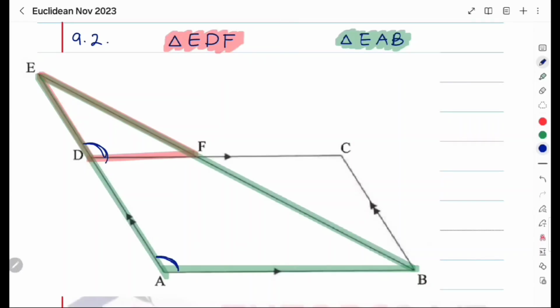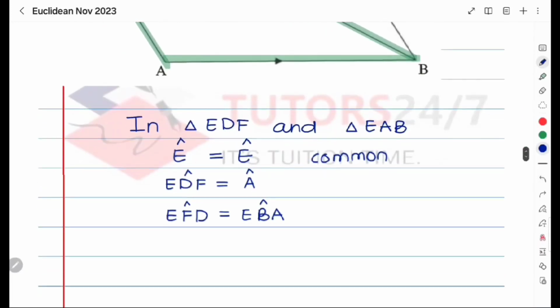And angle A is this one over here. So why is EDF equal to A? You should notice the F shape. It is an upside down F shape. And when we are dealing with an F shape and parallel lines, our reason is corresponding angles. So the angle EDF is equal to the angle A, corresponding angles.